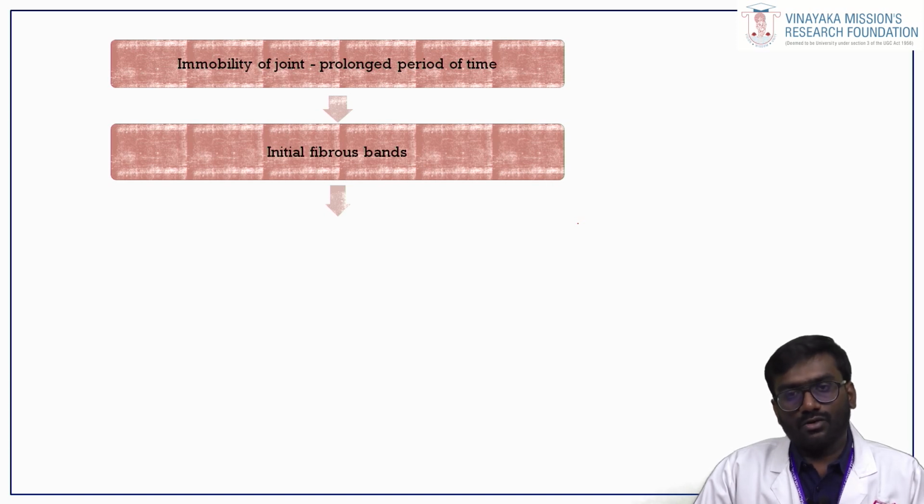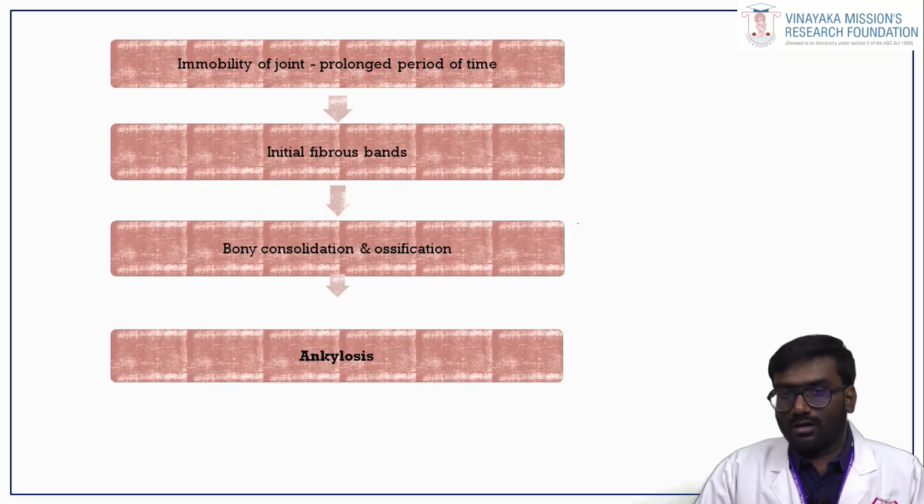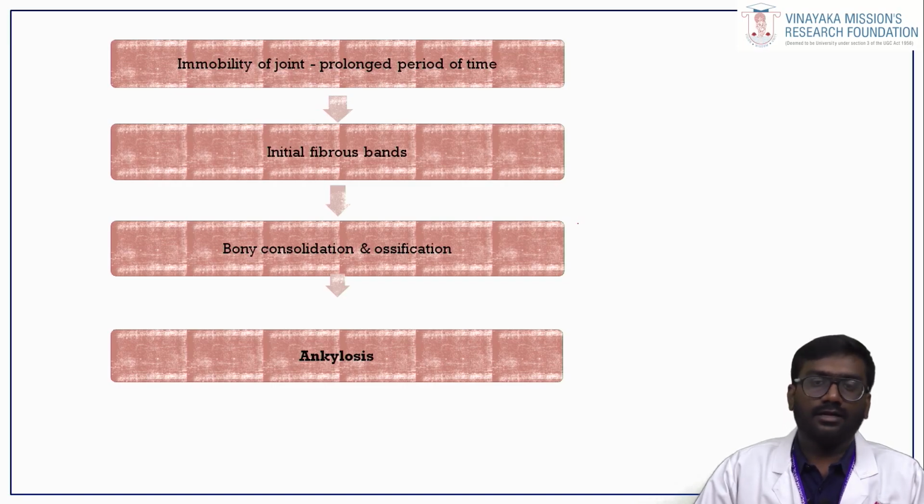So because of all these reasons, there will be immobility of the joint. All these features over a prolonged period of time favor initial fibrous adhesions or fibrous bands. Later, when it is not relieved, due to the pain, the inability to open the mouth, fibrous adhesions, and limited mouth opening, the joint is in a favorable condition that the clot first gets organized into a fibrous band, then later, from the highly osteogenic cells, bone starts forming and it ossifies, as a result of which you have a bridge of bone connecting the condyle and the glenoid fossa.